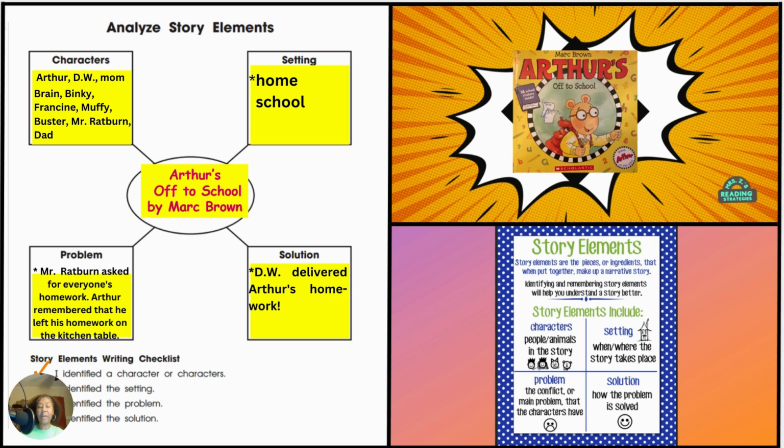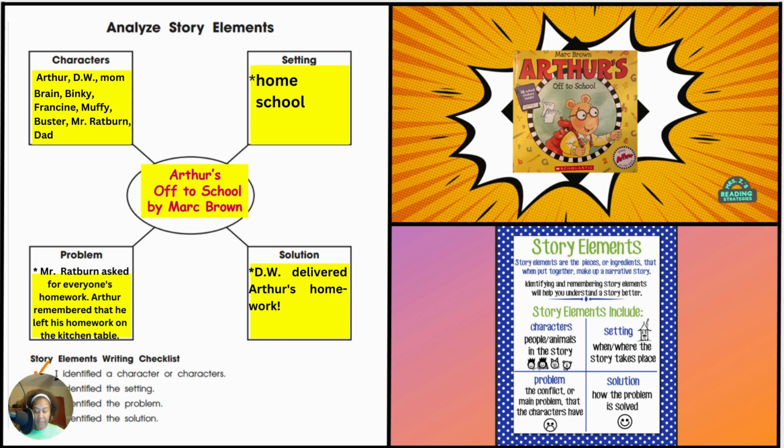So let's think about it. We have a beginning, middle, and the end of the story. So usually the solution happens at the end of the story. DW delivered Arthur's homework. Do you remember that part? Let's go back to where DW walked in.